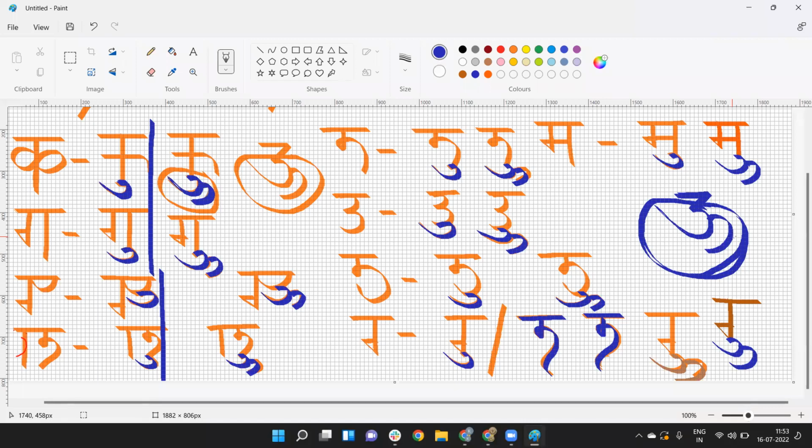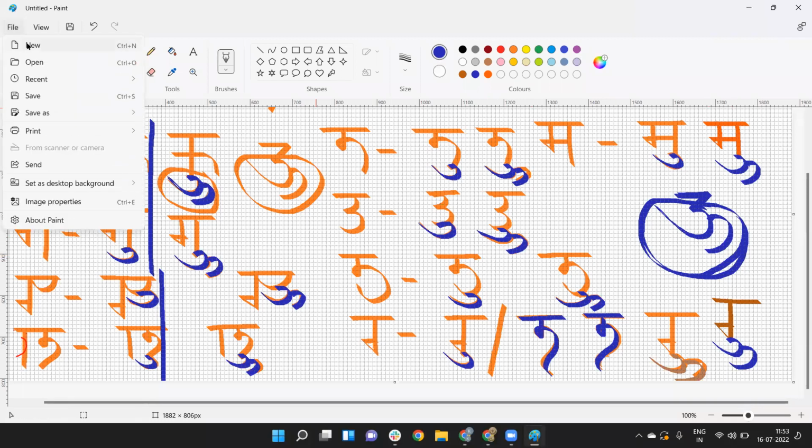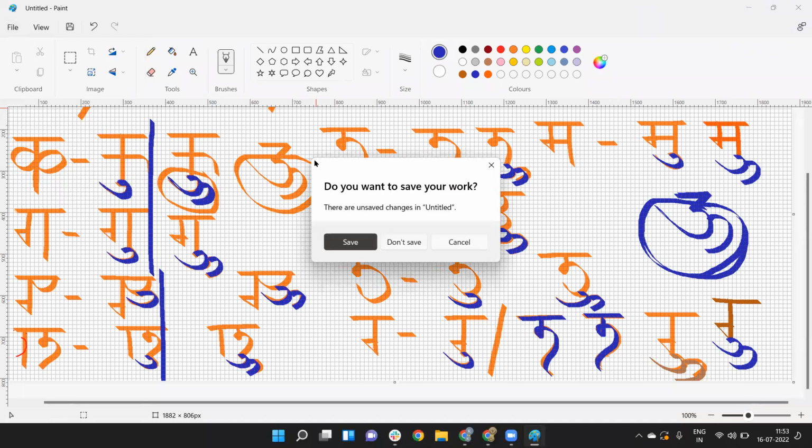So I'll just show some examples. I'll be getting rid of the screen now. I'll show some examples using these matras. And if something is left, then you can always refer to the reference material, which I'll be sharing shortly.